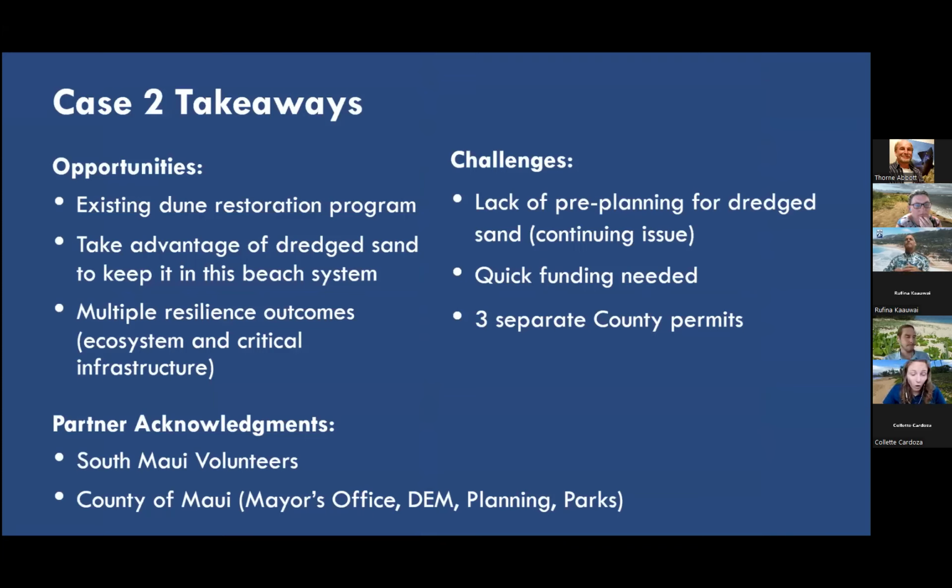And as takeaways in terms of opportunities, there's been a long-standing dune restoration program in South Maui, mostly managed by volunteers. So this was not a new idea, and folks generally understood what to expect, and that was an advantage for us. We were also able to take advantage of dredged sand from the nearby boat ramp and make sure that it was kept here in this region and in this beach system.